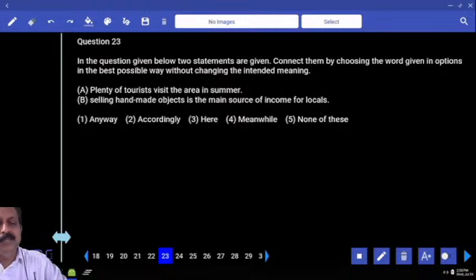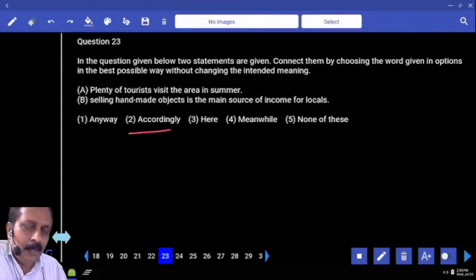Plenty of tourists visit the area in summer. Selling handmade objects is the main source of income for locals. How many of you have chosen the third option? Okay. How many of you chose? I think the key says the second one, am I right? Let us check each one.